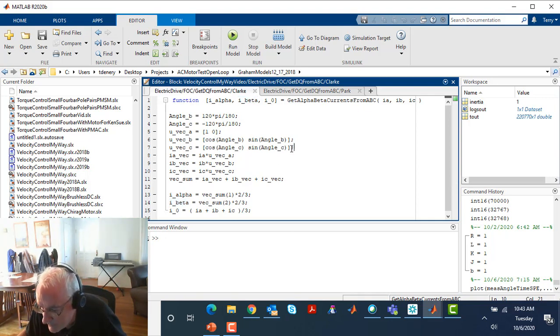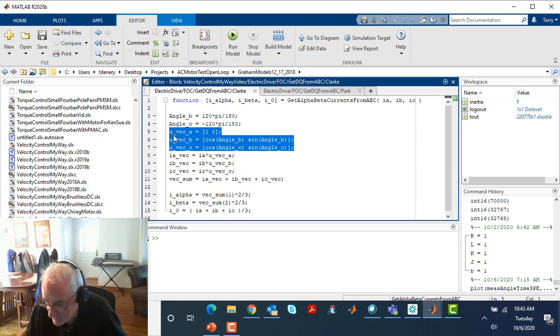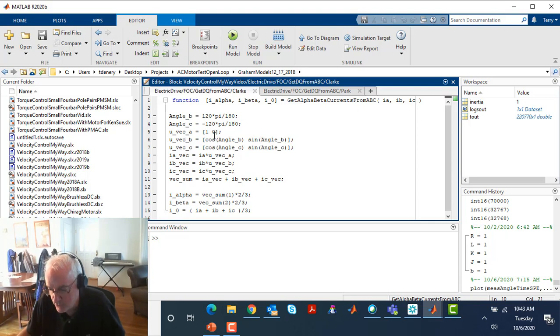And you'll see that the math, and MATLAB, of course, is great at this kind of stuff, that we establish these vectors. Again, it's a two-dimensional basis, so there's only a 1 and a 2 field for each of these, right? We multiply each of these unit vectors, which are really about the orientation of 0, 120, and 240, and we establish a vector with an amplitude defined by the current for each.